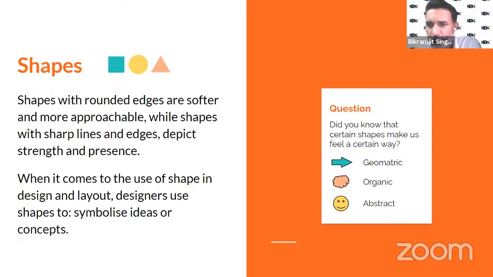There are geometric shapes, organic and abstract. These are the basic or primary shapes. Your logo may be made out of any one of them. We will see in future slides.